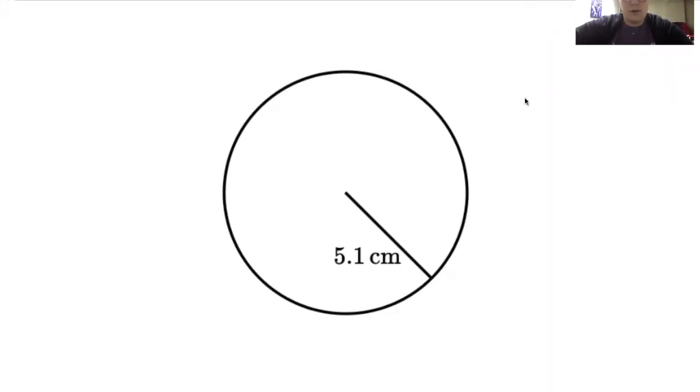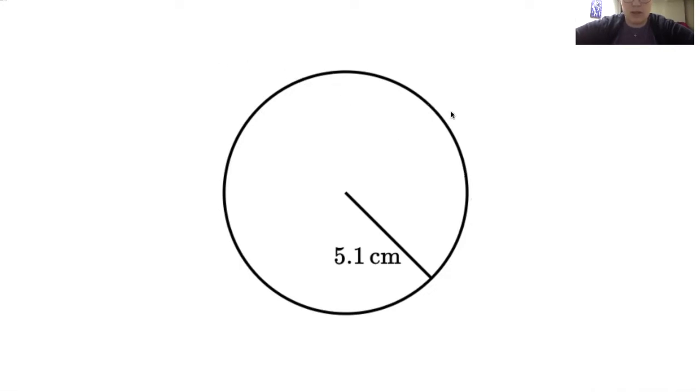We're going to go over 3 problems together to make sure that we understand the difference between radius and diameter and how we get those answers. So on this first circle, we have a radius of 5 1/10.